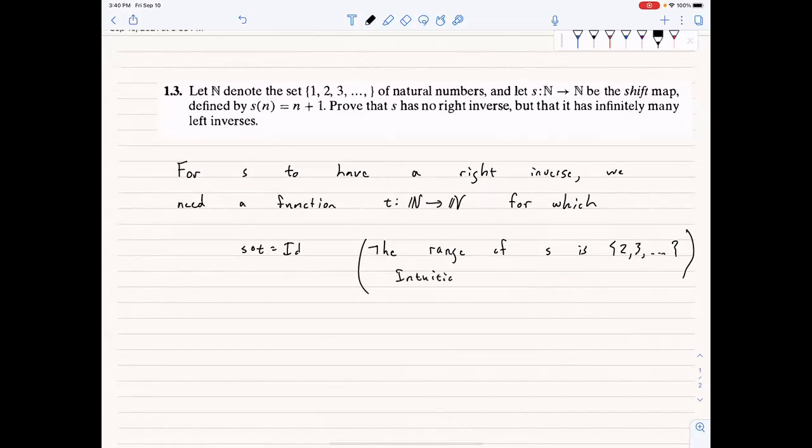And the formal proof, I'll just say by contradiction. So suppose such a function T exists.